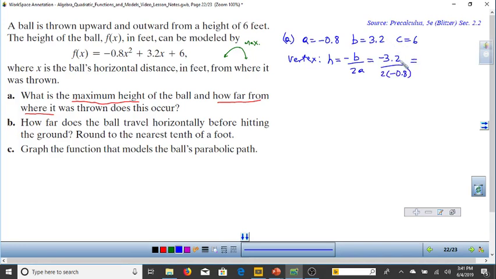That gives us negative 3.2 divided by negative 1.6, which is just positive 2. And then k is what we get when we plug in the value of h. So we do negative 0.8 times 2 squared plus 3.2 times 2 and then plus 6.